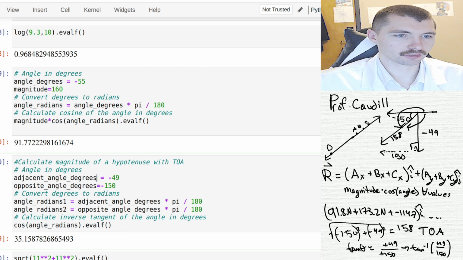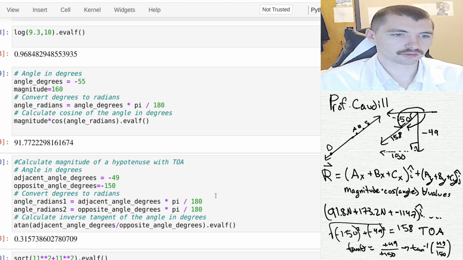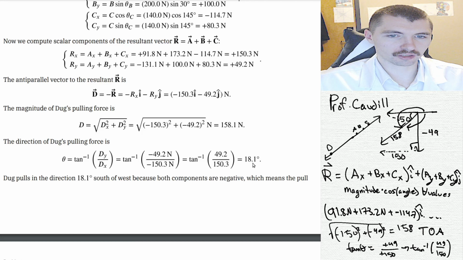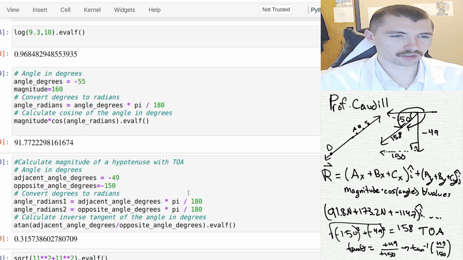So cosine, I'm sorry, this would be a tan, this over this. So we're getting something quite not 18 degrees. So what is going on here? Okay, I see what I did.